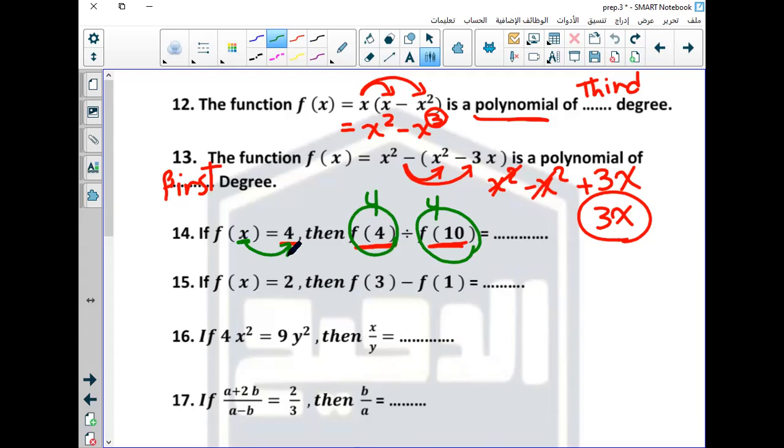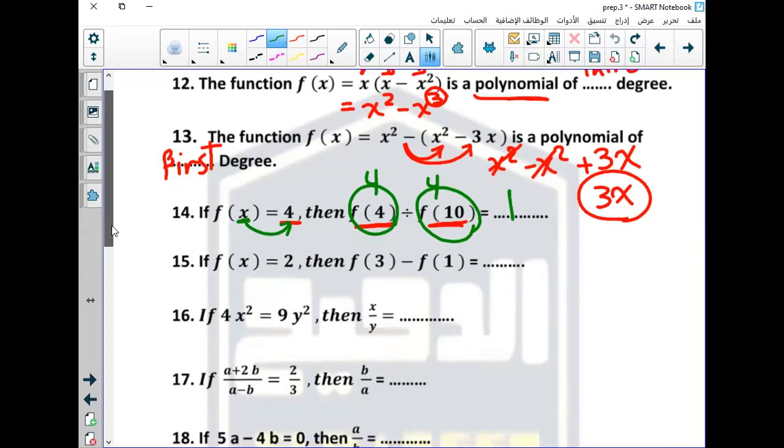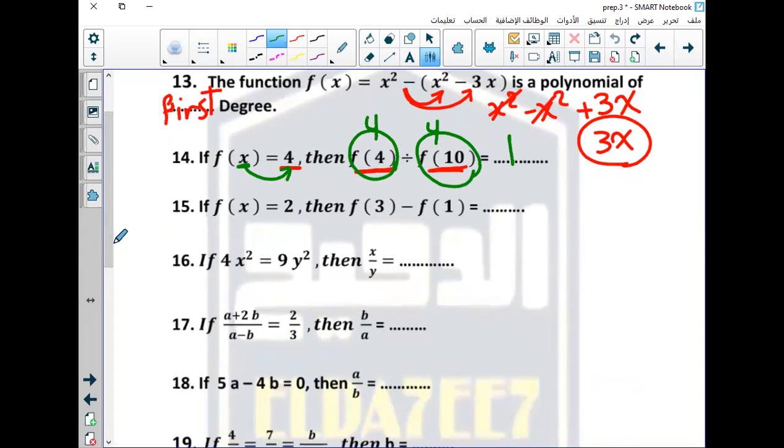Then 4 divided by 4 equals 1. Number 15, f of x equals 2, then f of 3 minus f of 1 will be equal to: f of 3 equals 2, like the previous example, and f of 1 equals 2, then 2 minus 2 equals 0.